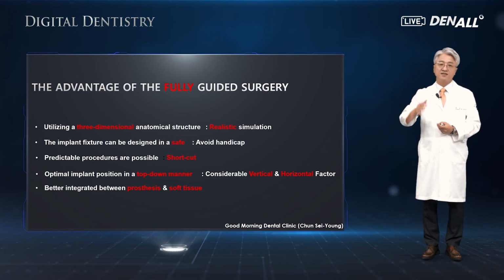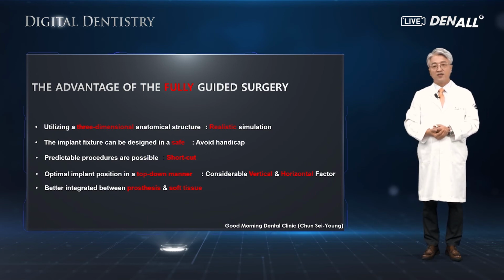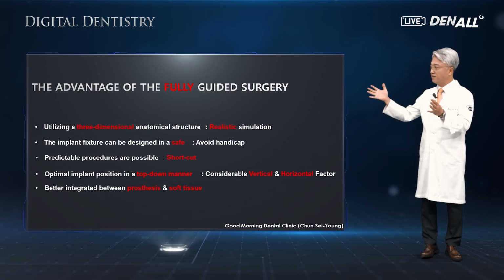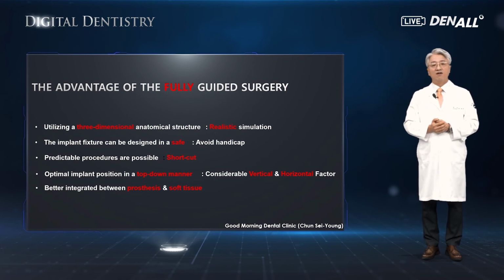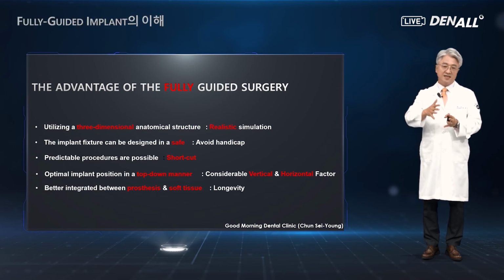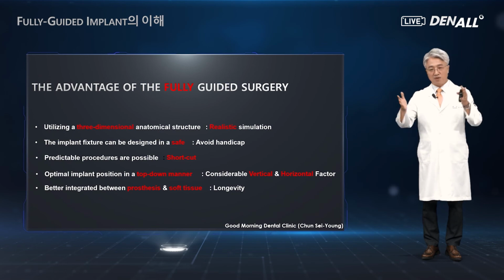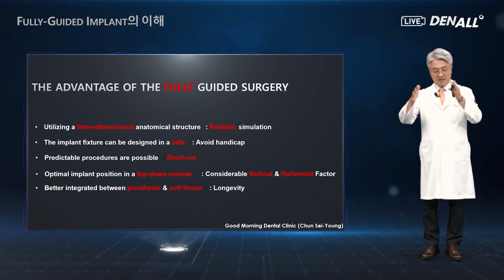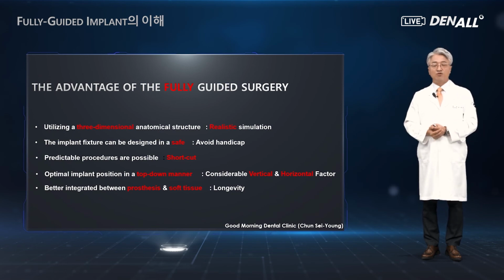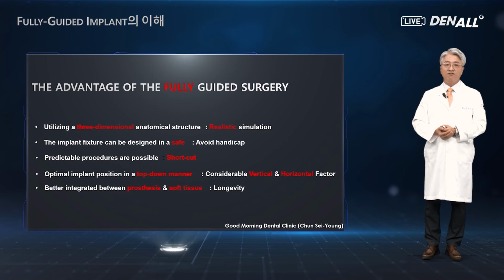I showed you a soft tissue management case. Integration between prosthesis and soft tissue can be made better. The prosthesis longevity can be ensured, and we can provide the environment where peri-implantitis can be prevented in advance. Those are the advantages.